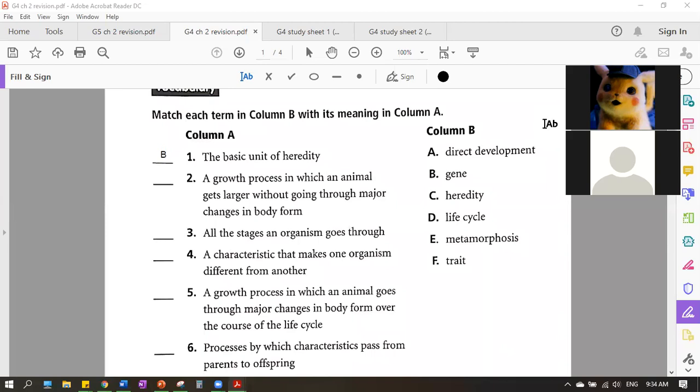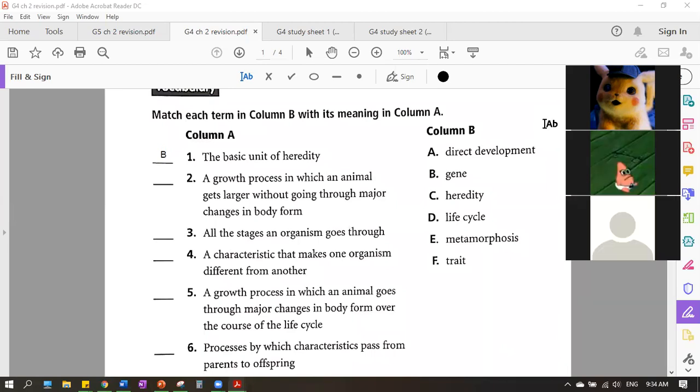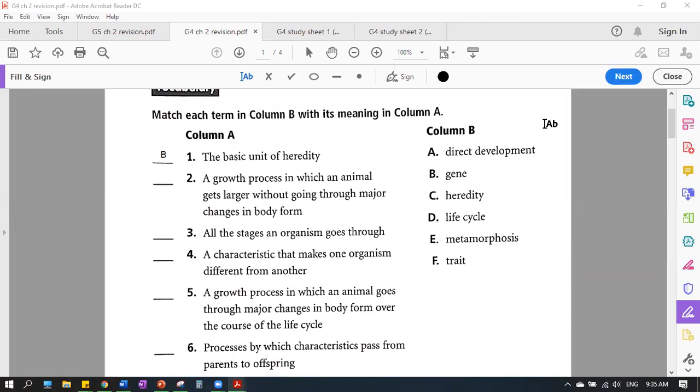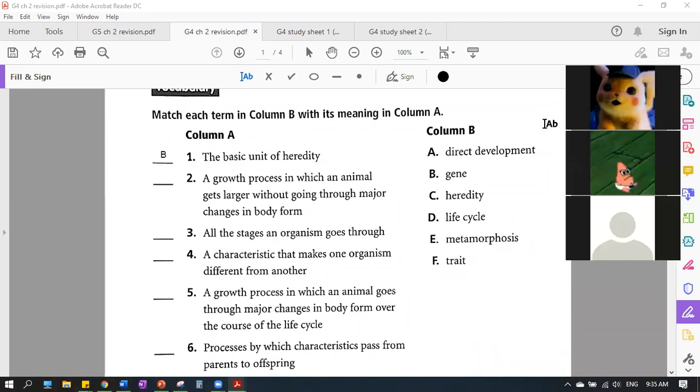What page? No, sweetie, it's not a page. I will upload this worksheet at the end of the day. What page are you asking for? You mean the worksheet itself? Guys, can you hear me well?